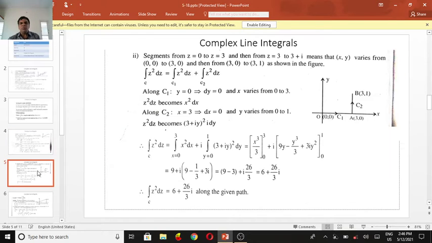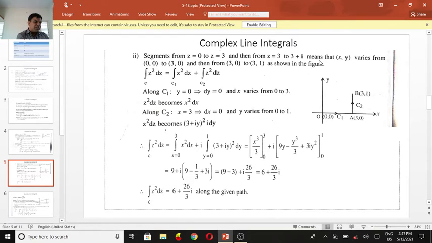Similarly, we come to one more problem, along a different path. The path has segments: z = 0 to z = 3, and then z = 3 to z = 3 + i. For z = 0, x, y is (0,0). For z = 3, it is only a real term, the imaginary term is 0, so x, y is (3,0).